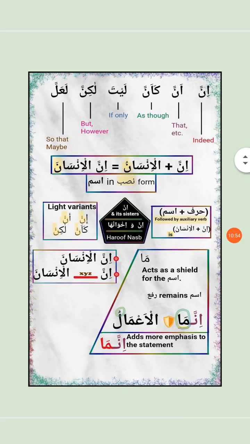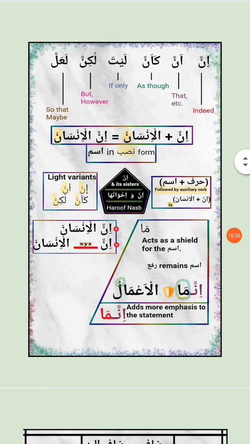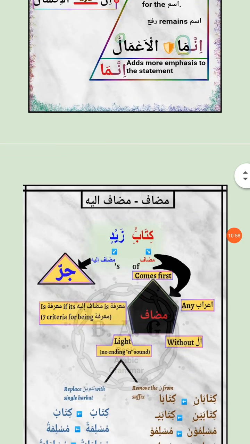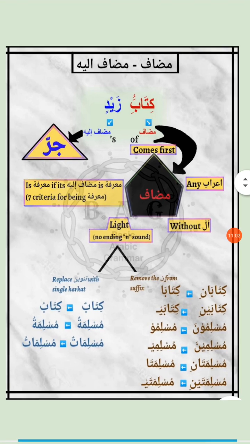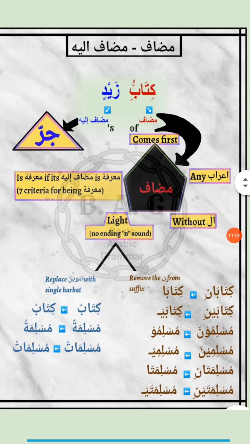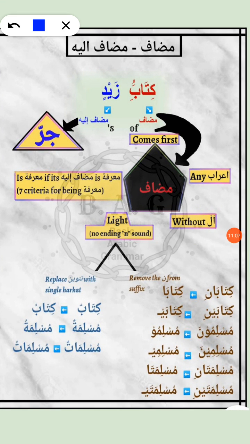So these were our haruf nasab. Then we studied musaf musaf ilayh, the possessive fragments. What did we study in it? We first studied what a musaf was. Musaf was the possessed ism, or you could say the ism that comes before of.